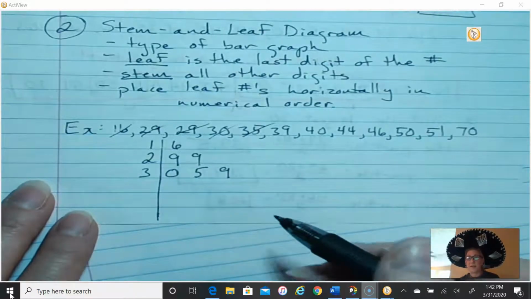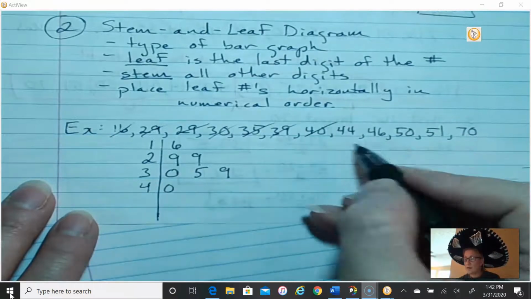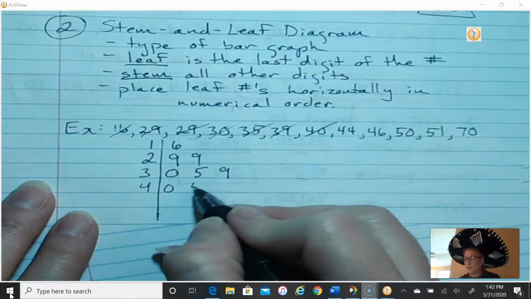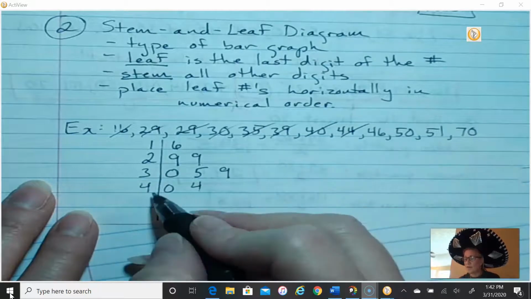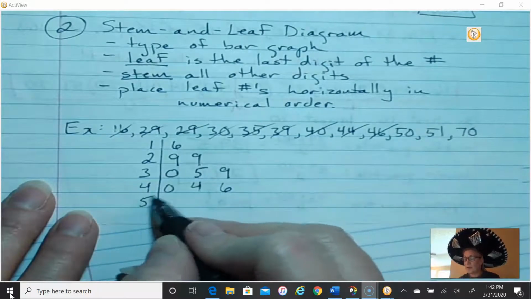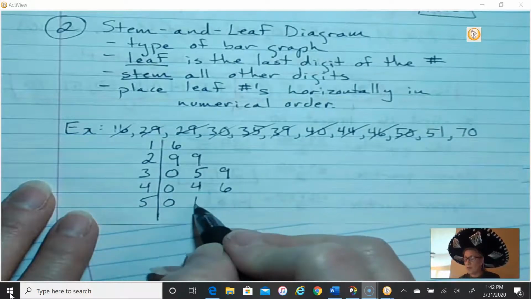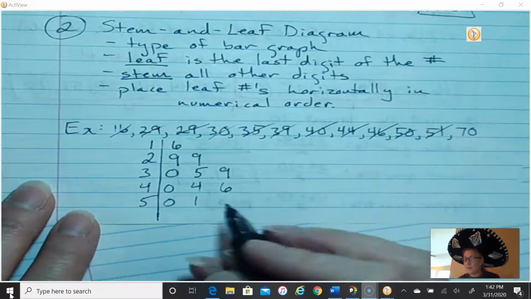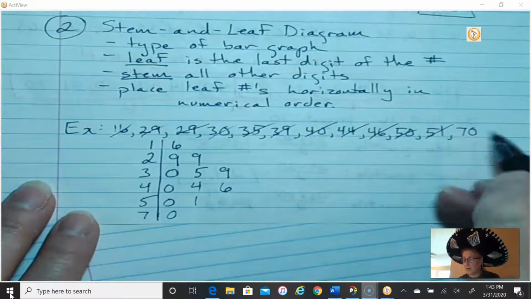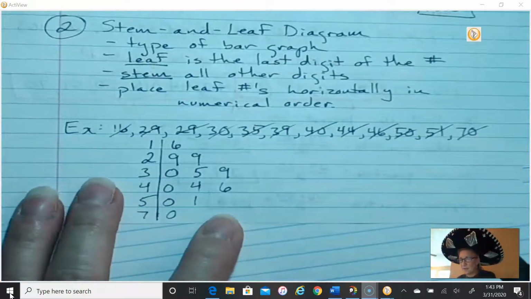Make sure you have space. 40. 44. 4, 4. 46. 4, 6. 50. Start a new line. 5, 0. 51. 5, 1. And the last one is 70. 7, 0. There is your stem and leaf plot diagram.